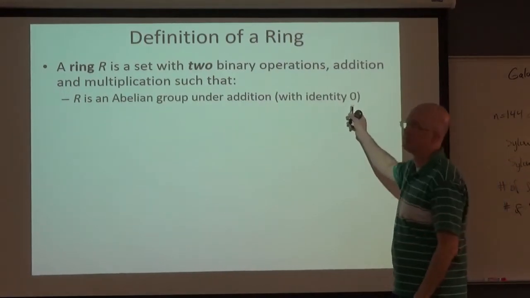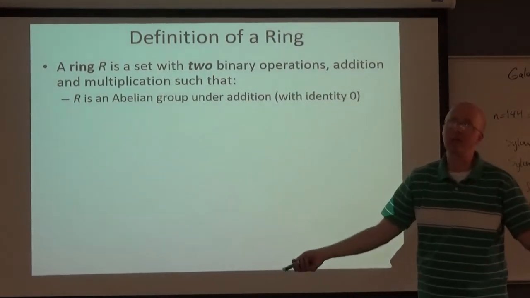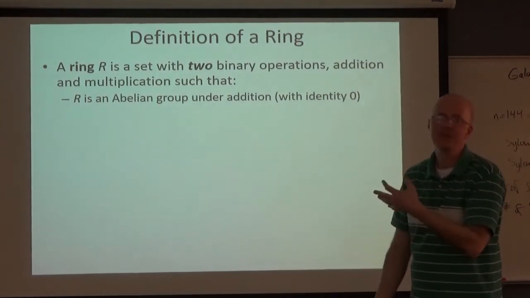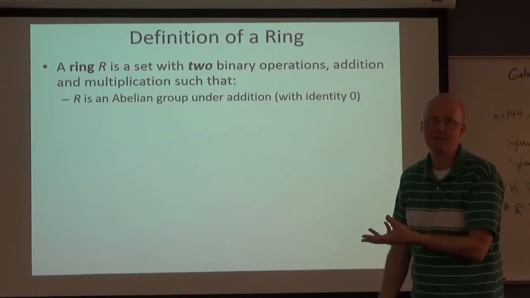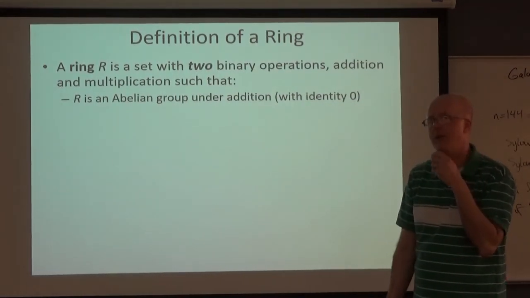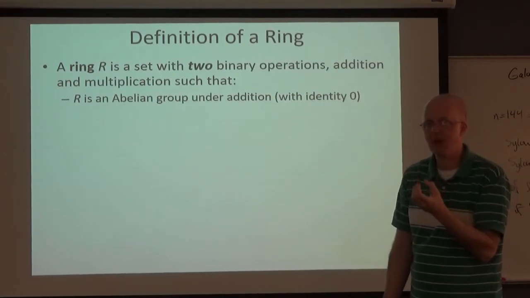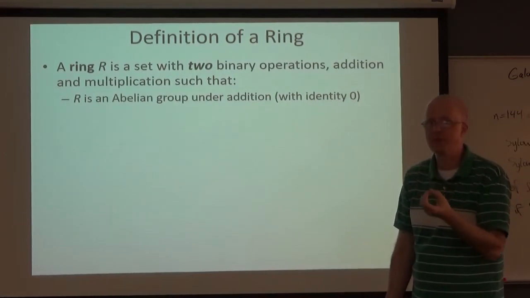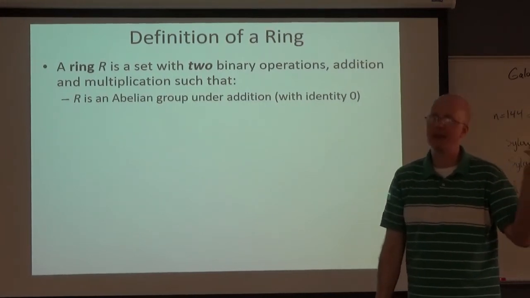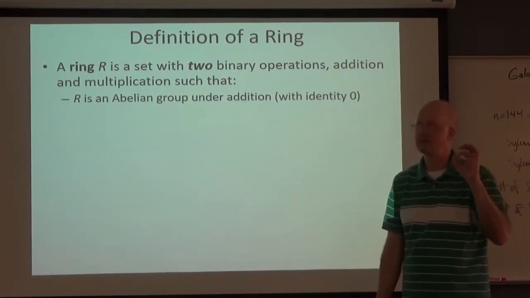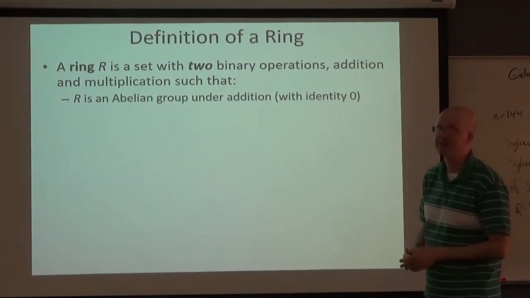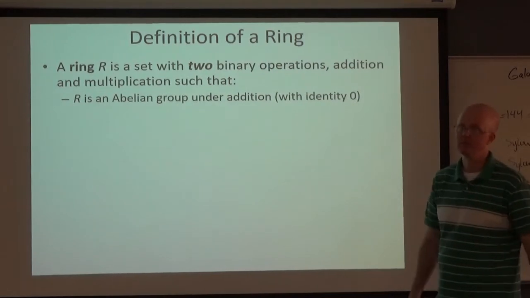We use 0, as we have always done when the operation is addition. e in group theory is our generic identity element symbol, though in general, when we were talking about abstract group theory, the operation was assumed to be multiplication. With examples, the operation could be addition, and in those contexts, we called the identity 0, and that is going to be consistent here with rings. 0 will be the additive identity always for rings.